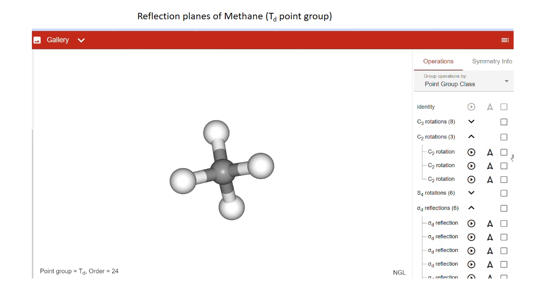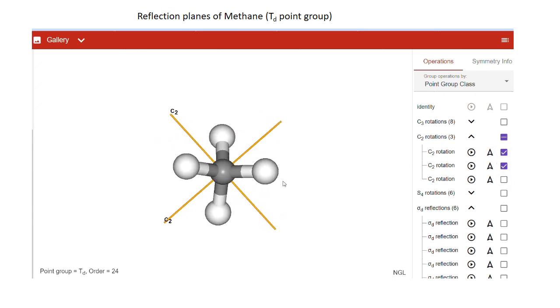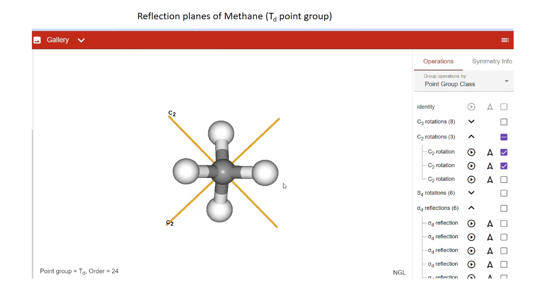Let us load the C2s, and see what the sigma d plane corresponding to this pair of C2 is, because the plane should bisect a pair of C2. That is the rule. This plane is actually bisecting a pair of C2.